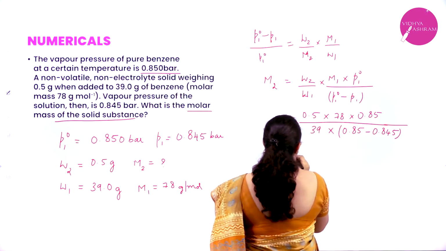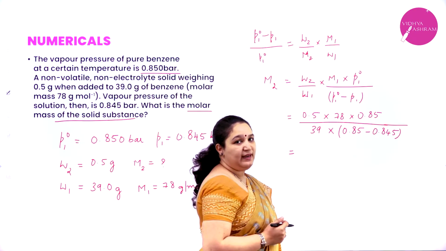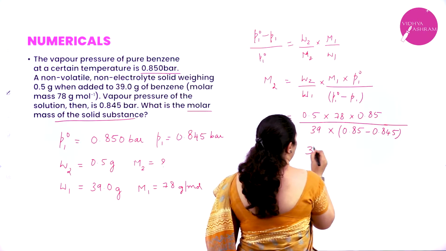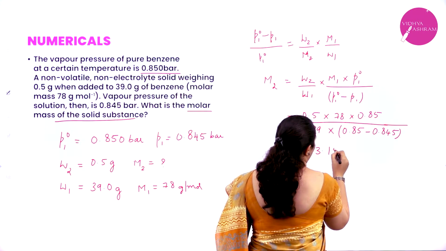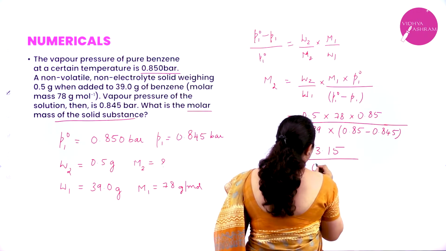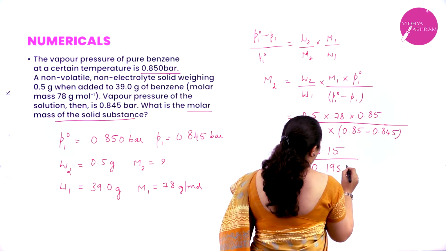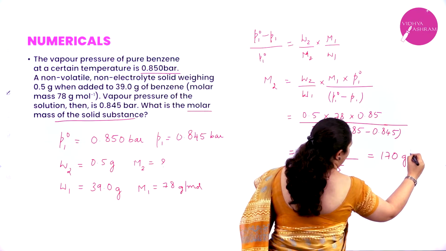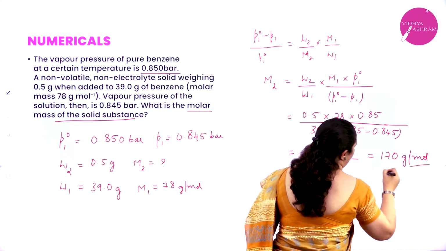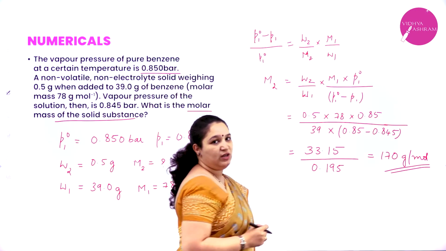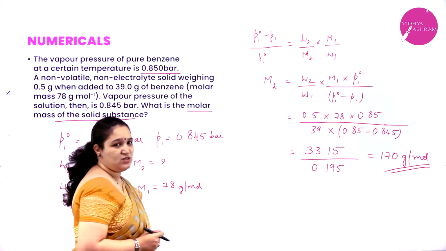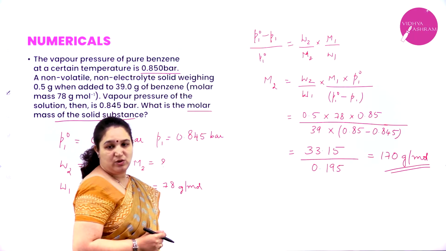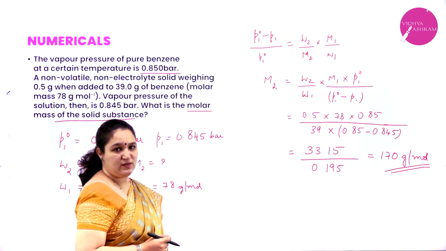So if I solve this, I will be getting it as 33.15 divided by 0.195, which is equal to 170 gram per mole. So this is the molecular mass of the solute. Okay. So I hope you understood how to solve this.